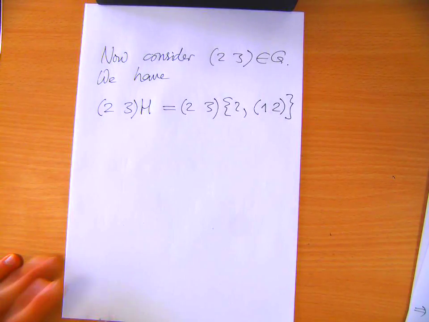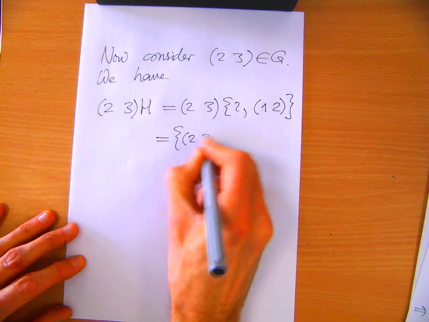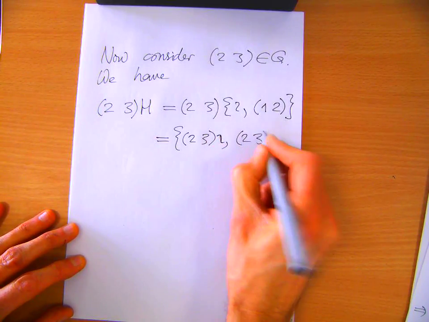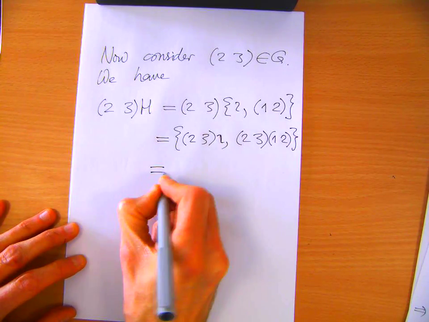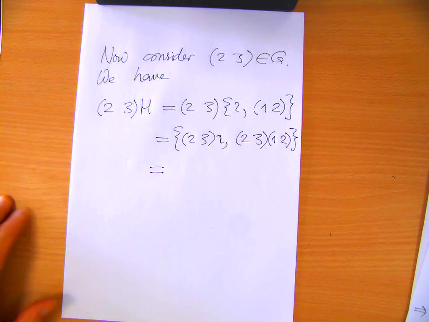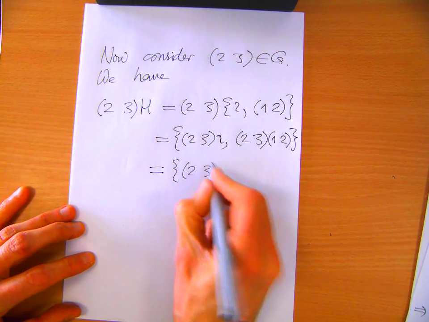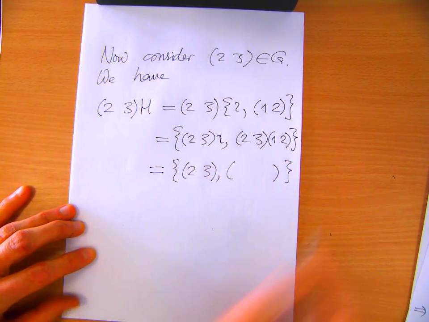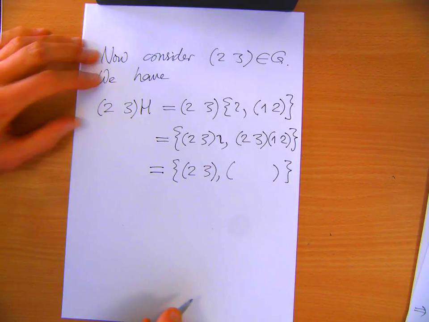So we're just doing the same thing again. (2 3) times the identity is (2 3). And then we can do this. Hope you can all do these computations quite well now using cycle notation.